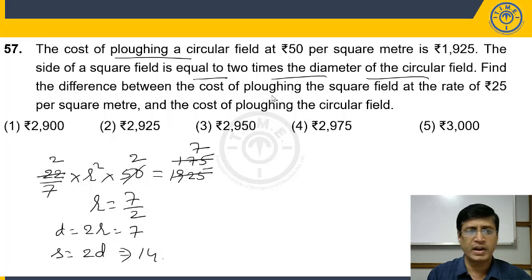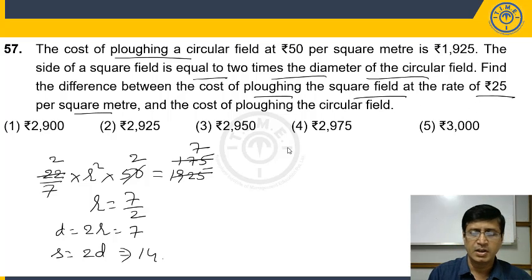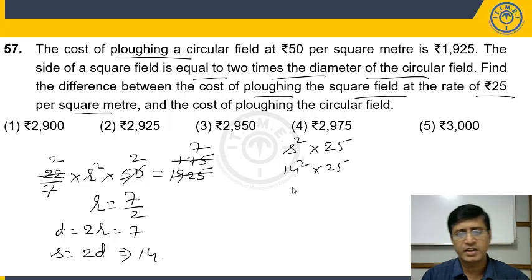Now what to find here? Find the difference between the cost of plowing the square field at the rate of 25 per square meter. So square field, what is the area of a square field? Side square into 25. Side square means 14 square. 14 square into 25. 14 square is equal to 196 into 25.